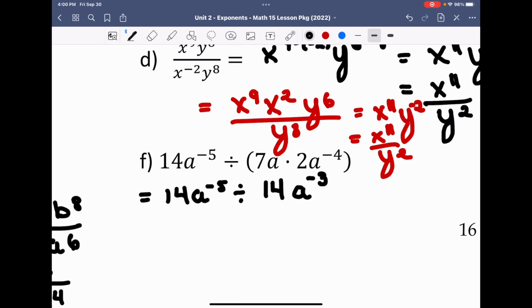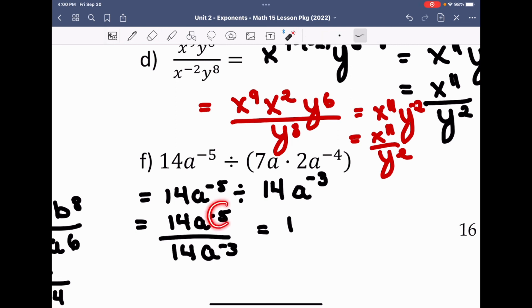And now what I could do is create a division statement that's vertical. So I could say, well, I have 14a to the negative 5 over 14a to the negative 3. Well, we know that 14 over 14 would reduce to 1. And a to the negative 5 over a to the negative 3, here's where I challenge you and I say, okay, well, where is the a value more positive or closer to 0? Which one is the most positive out of these a's?